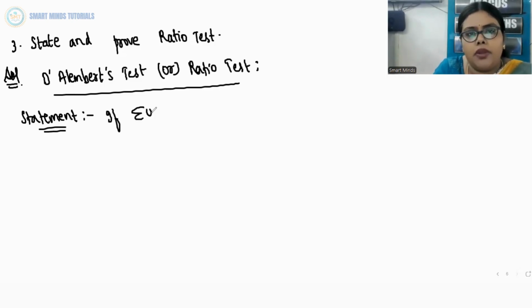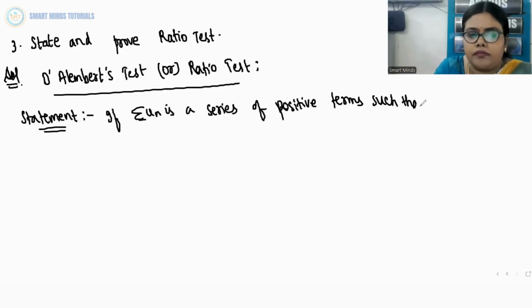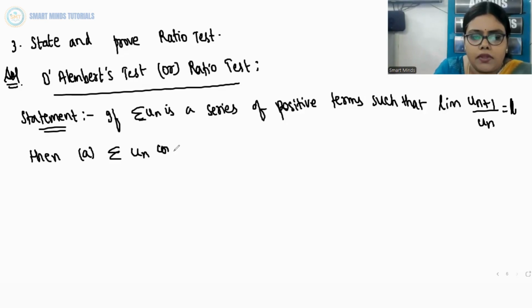So if sigma un is a series, always series is denoted by this symbol sigma. If it is a series of positive terms such that limit un plus 1 by un is equal to L, then a bit, sigma un converges if L is less than 1.